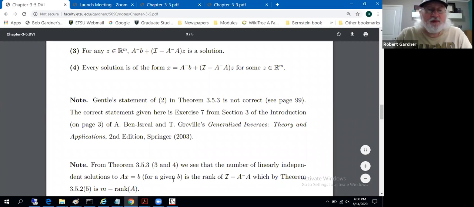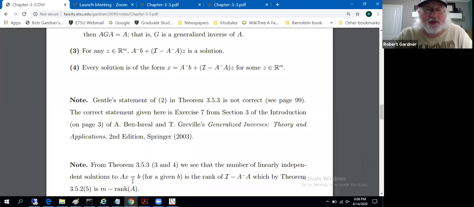What we get by combining those two is that the number of linearly independent solutions of Ax = b for given b is the rank of this matrix here, I minus generalized inverse times matrix A. That's what we're getting as we vary the z's: different linear combinations of the columns of this matrix.